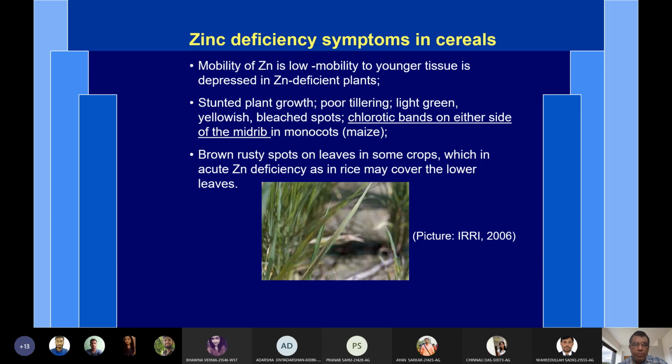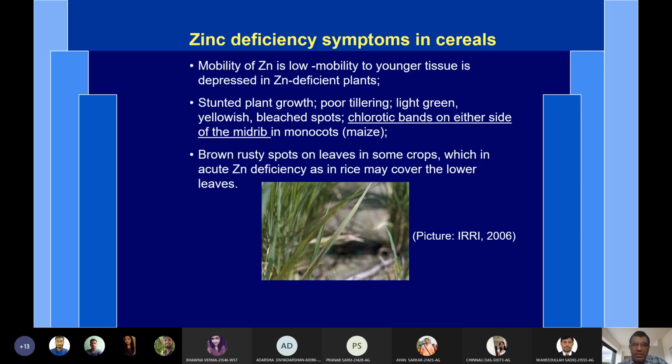Stunted plant growth, poor tillering, light green, yellowish, bleached spots, chlorotic bands on either side of the midrib in monocots, in maize. Brown rusty spots on leaves in some crops, which in acute zinc deficiency, as in rice, may cover the lower leaves. It means it can start from the top and go to the lower leaves also.